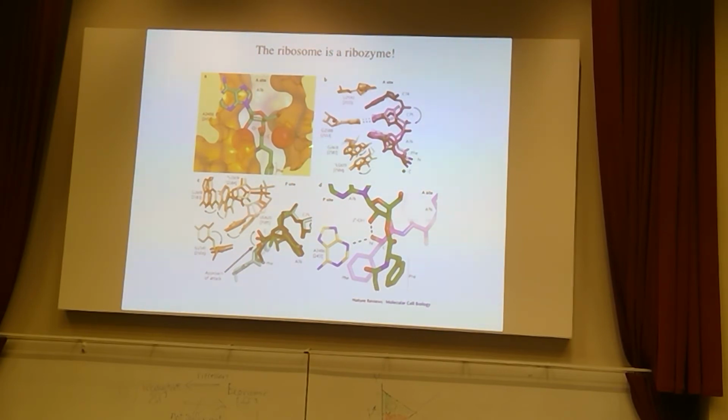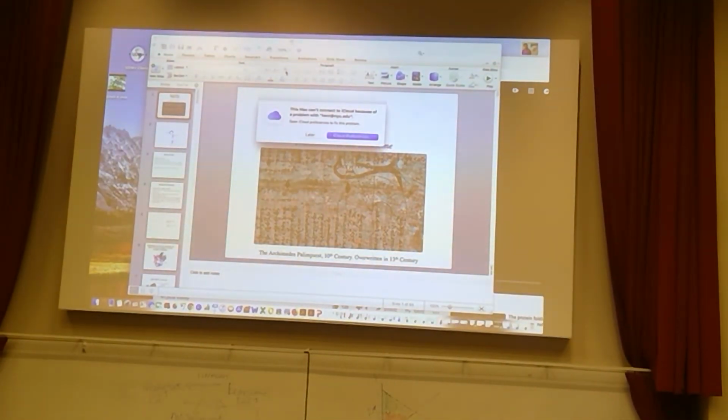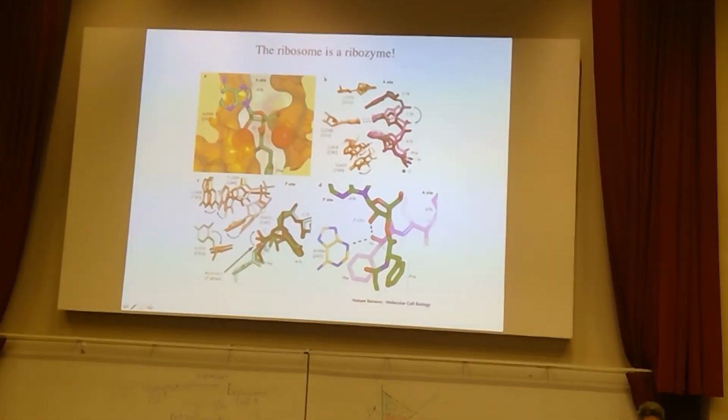This is the A site right here. We know what portion of the ribosomal RNA is at that particular region. So we have a really general notion of what's going on here. But what exactly is driving catalysis is not completely clear, but we do know that there's no protein around in this active site at all.